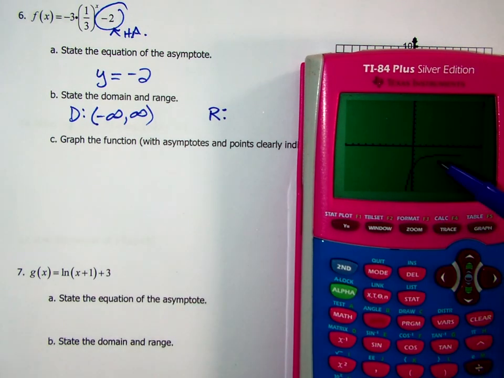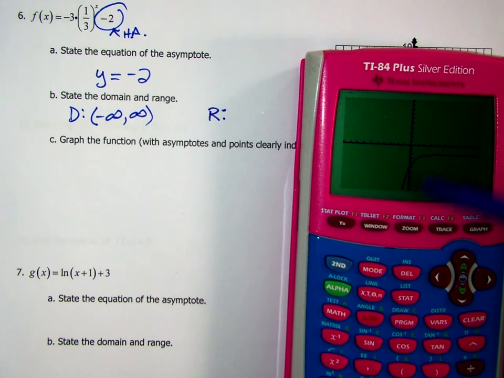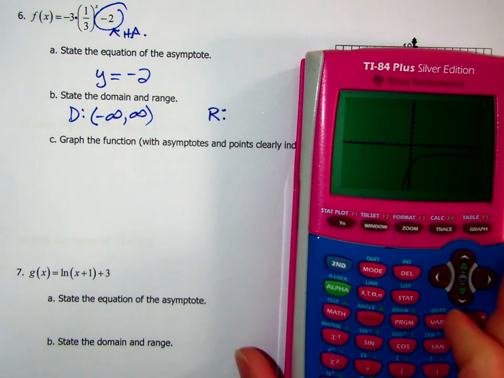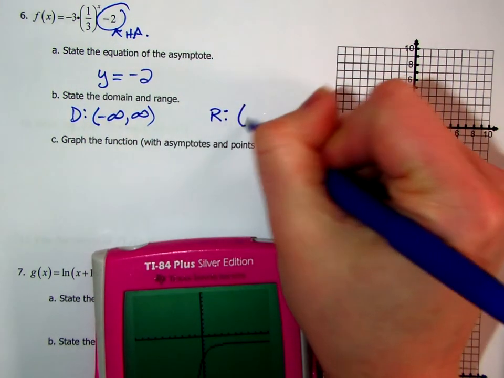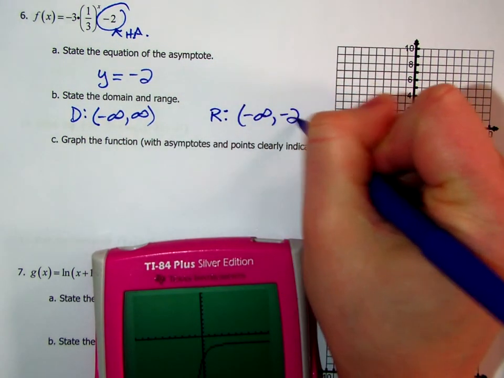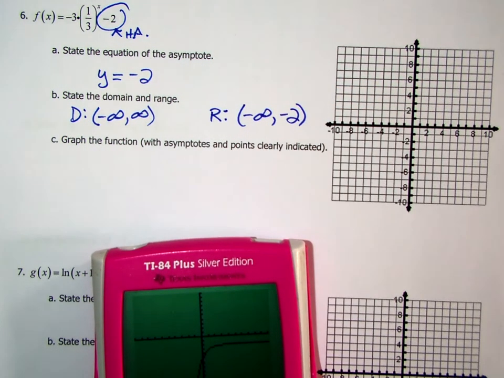So if I look at this, remember, range is my y's. So my y's are negative, and they go up until -2, right? So negative infinity is the smallest, -2 is the highest. So now I can say my range is negative infinity to -2, but it does not include -2.